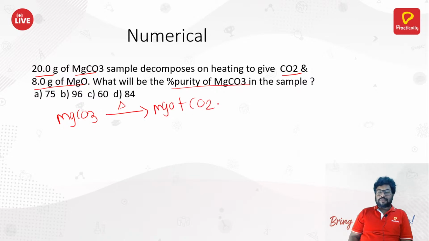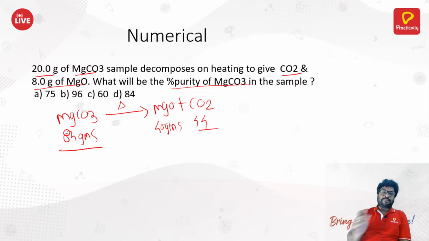Now, the molecular mass of MgCO3: carbon is 12, oxygen is 16 times 3, 48, so 60, and magnesium is 24. So 84 grams of MgCO3 gives us 24 plus 16, 40 grams of MgO and 44 grams of CO2, right? So that is the balanced equation.